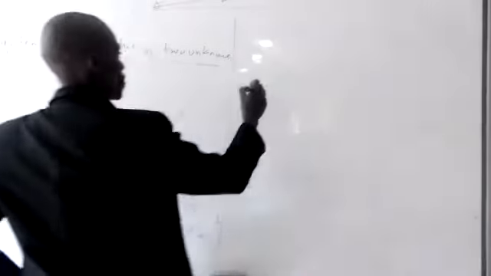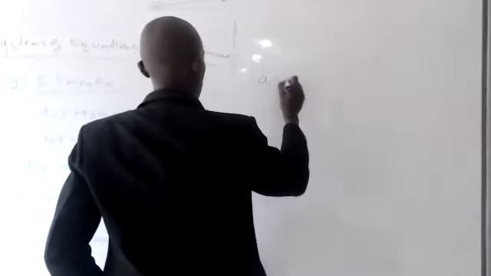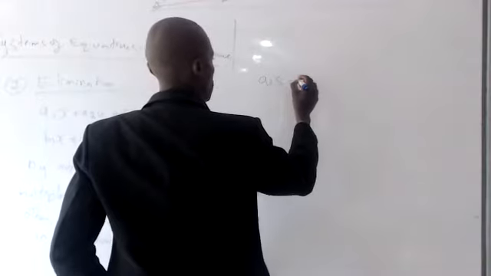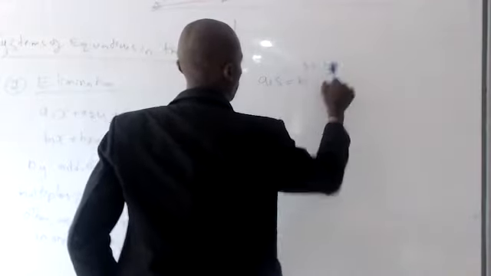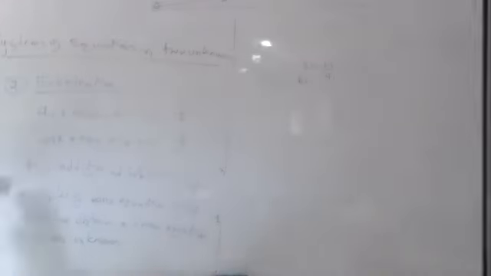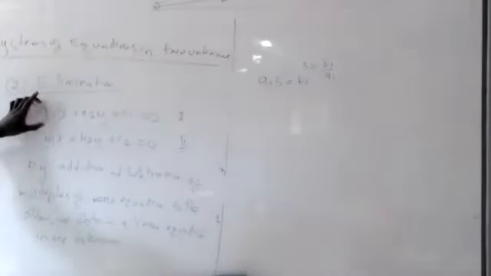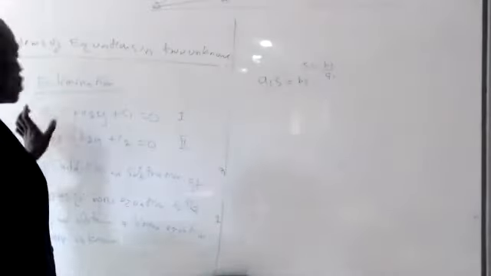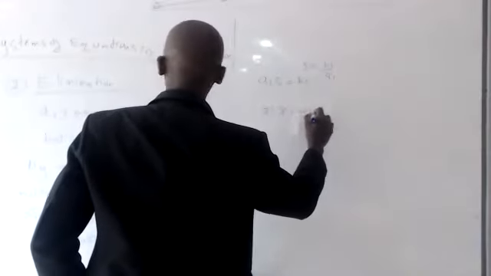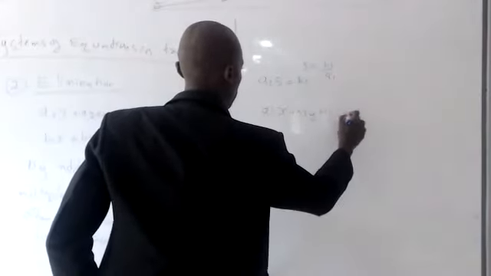Now, for example, I need something like a1s should give me b1. So this tells me s has to be b1 by a1. So multiply the first equation by b1 divided by a1. So you have a1x plus a2y plus c1 is 0.